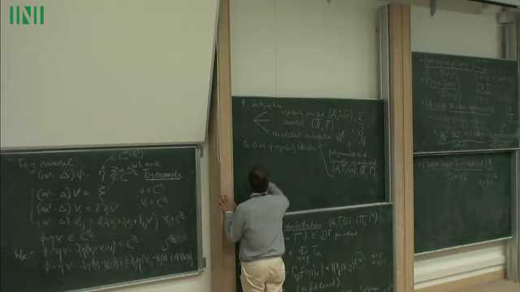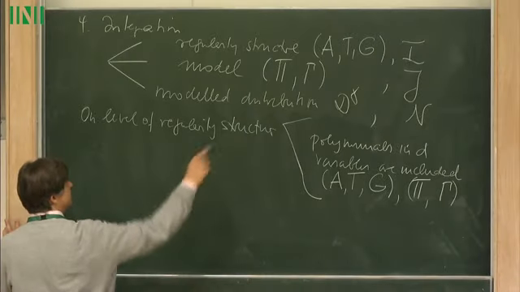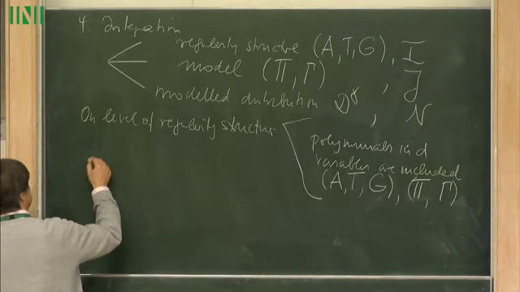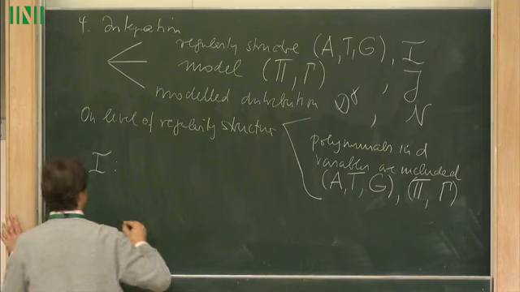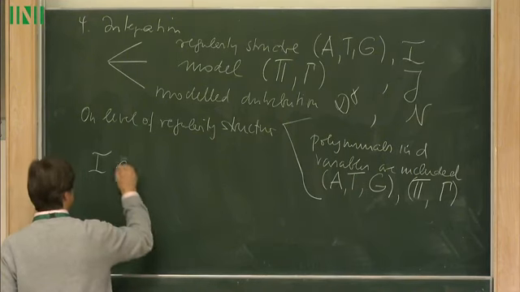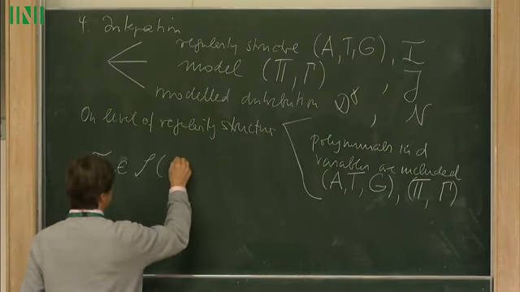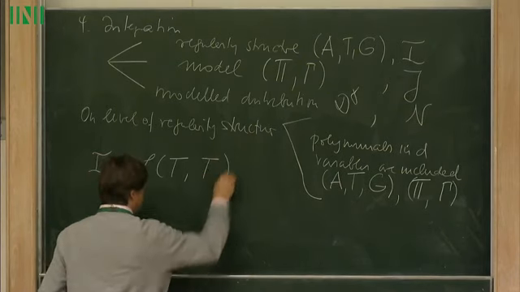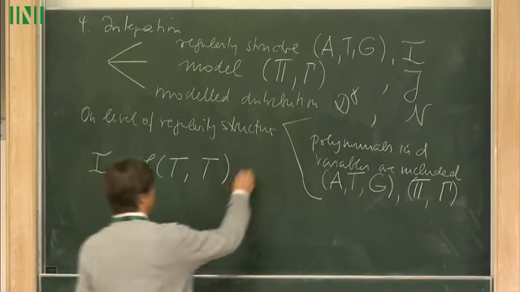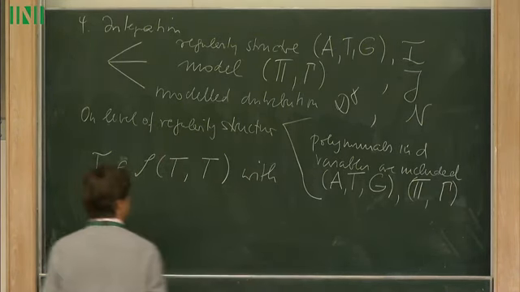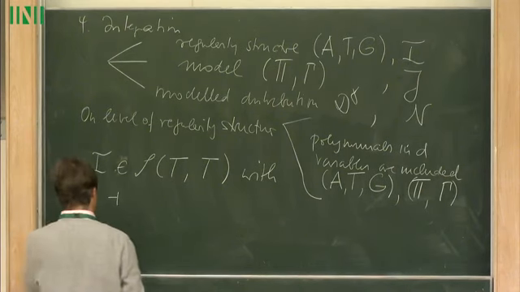So what's this object I? The postulate is that I is a linear map on the abstract vector space, which has the following properties. Three properties.